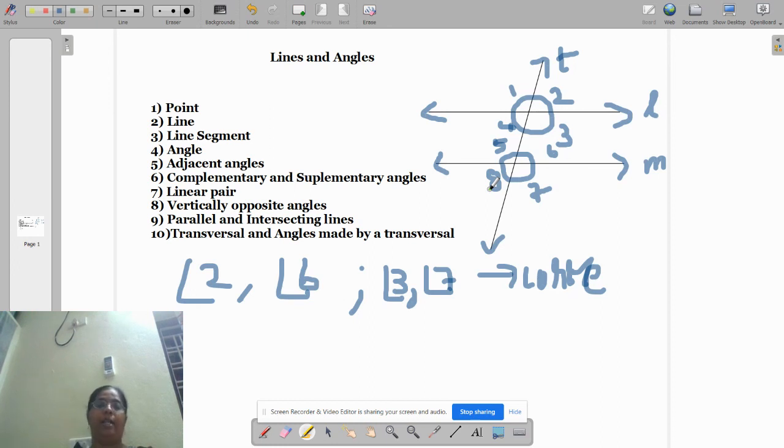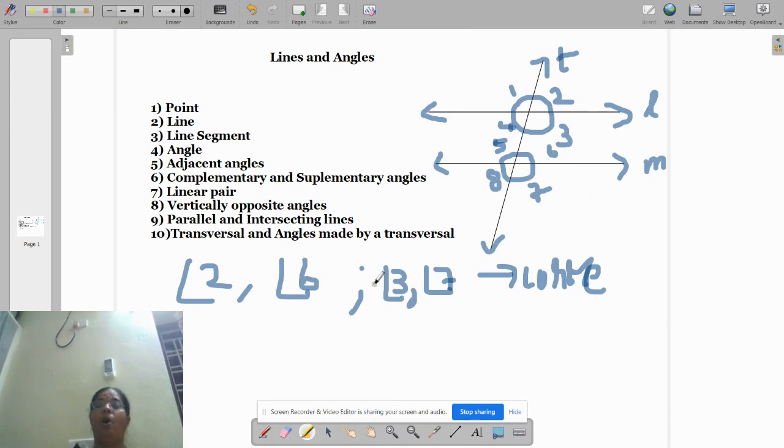Angles made on the same side of a transversal, one exterior and one interior. These corresponding angles are also equal. Before I said vertically opposite angles are equal. Now I am saying corresponding angles are also equal.